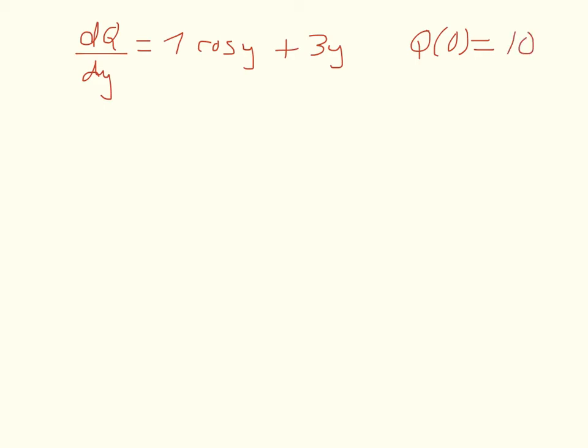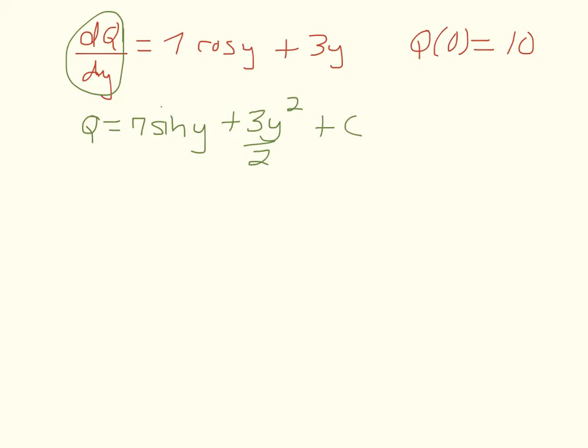All right, so to find a solution for this differential equation, we need to find a q such that q of 0 equals 10. Well, since this says I took the derivative of q with respect to y, I can take the antiderivative of q prime with respect to y. So this is going to be 7 sine y, the antiderivative of 7 cosine y, plus 3y squared over 2 plus c.